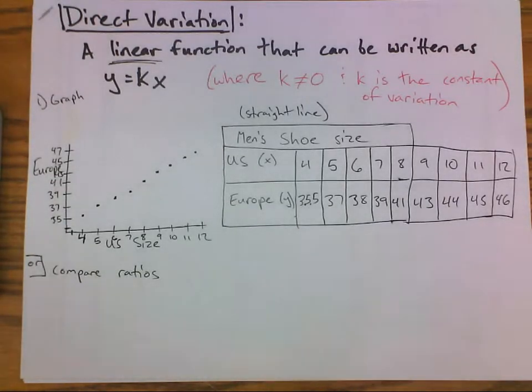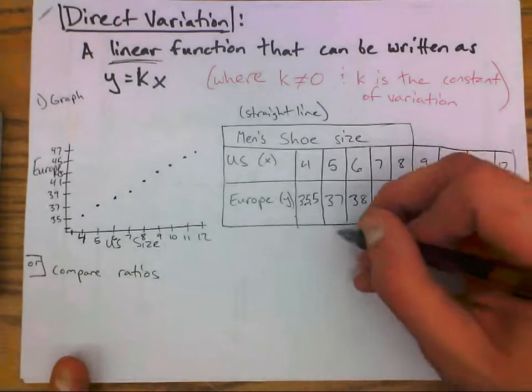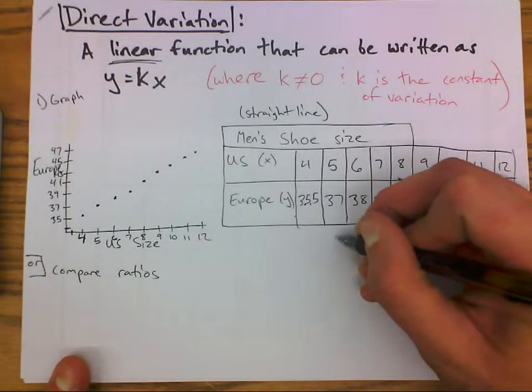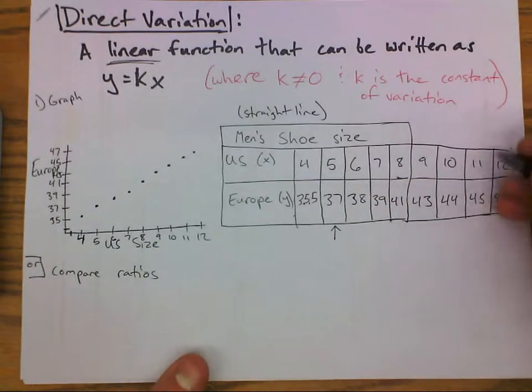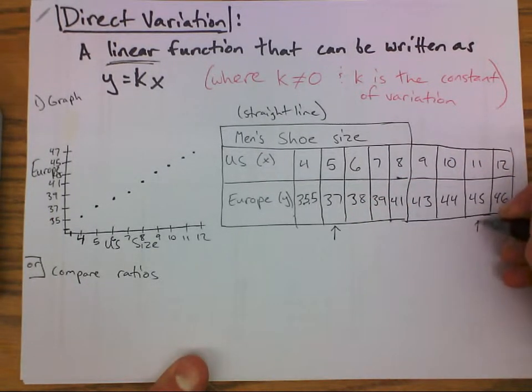One of the easiest ways to do this is to make a proportion. So I'm going to pick two sets of data. Let's go with 5, and let's go with what's close to my shoe size.